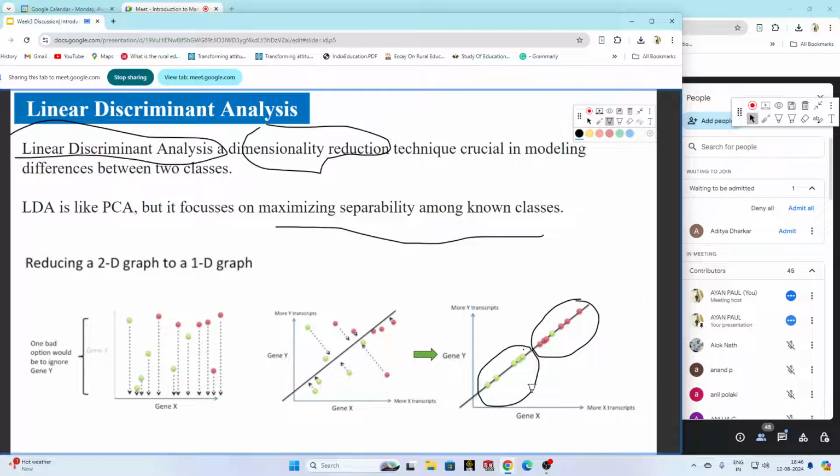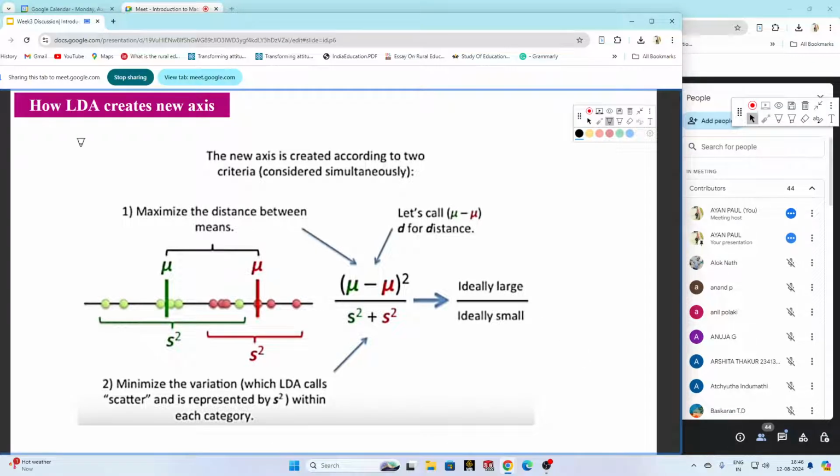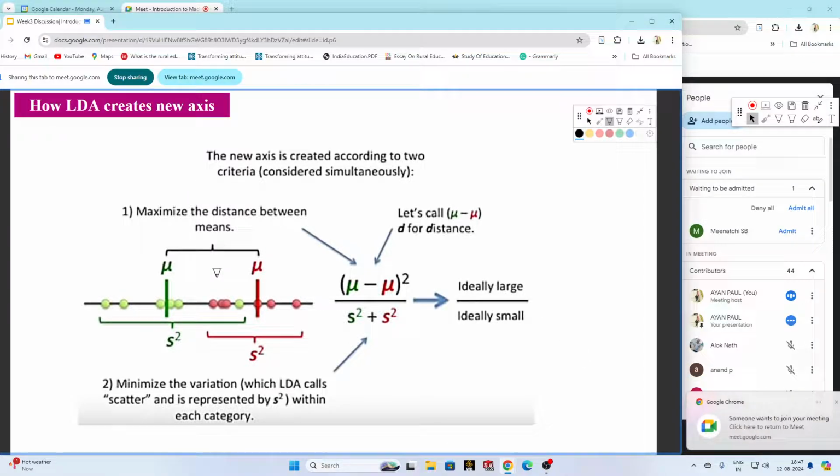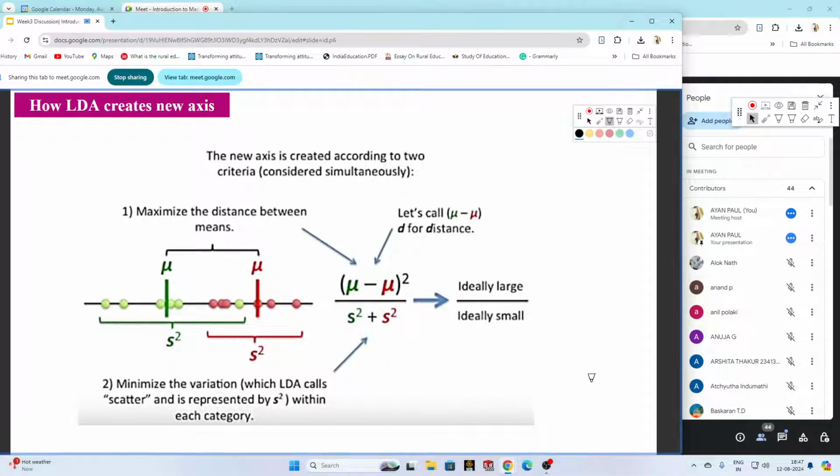So this is about linear discriminant analysis. Now the question is how to find this new axis, how LDA creates this new axis.